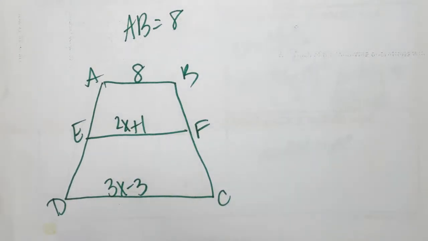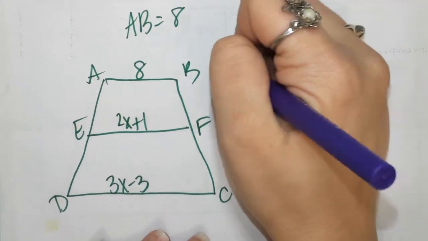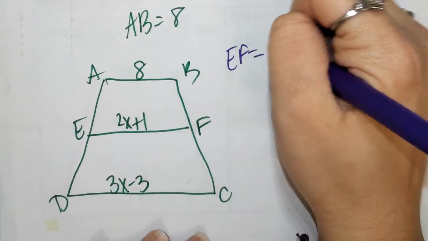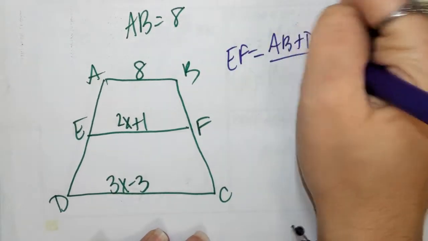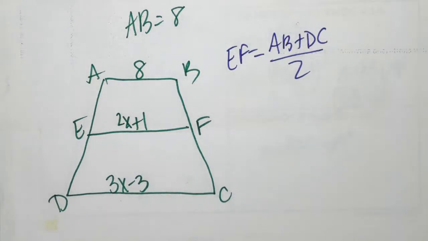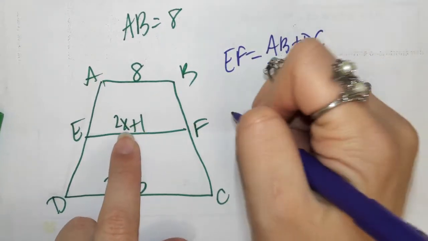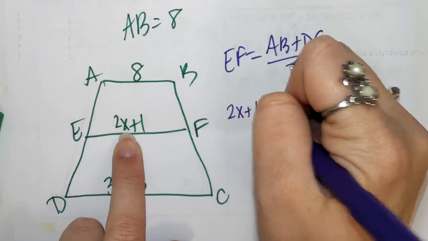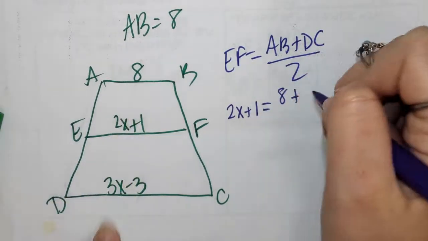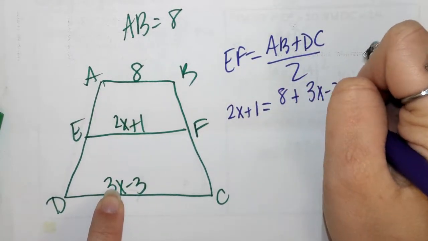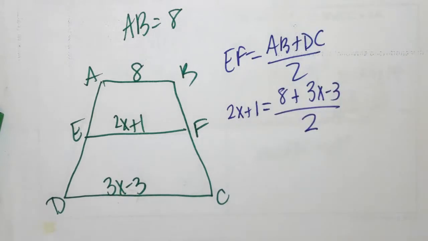We are still going to use the same formula: EF equals AB plus DC divided by 2. EF is 2x plus 1, AB is 8, and 3x minus 3, divided by 2.